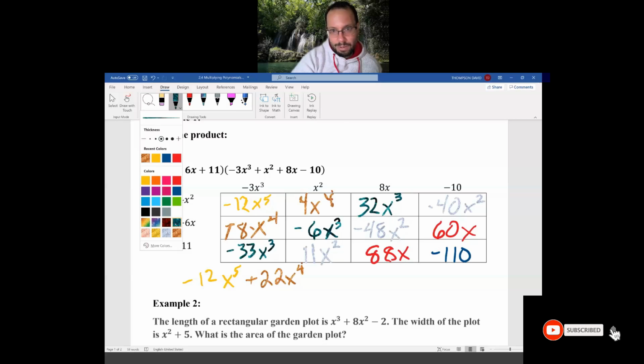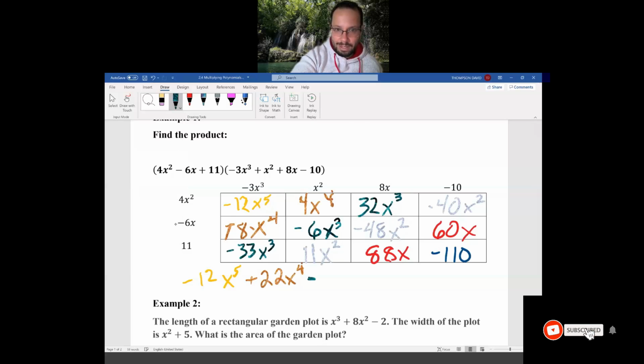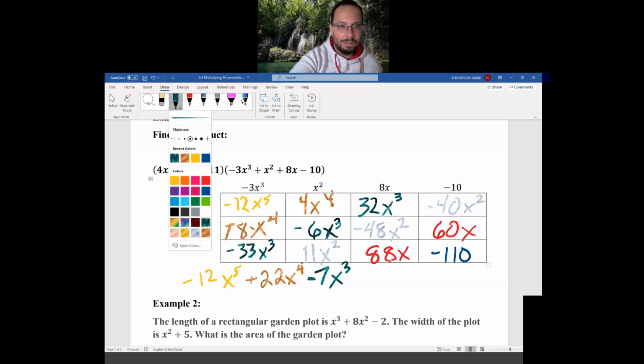Then add all of our silver terms together. Negative 40x squared plus negative 48x squared gives me negative 88x squared, plus 11x squared is going to give me negative 77x squared.